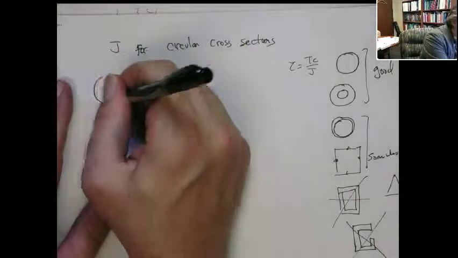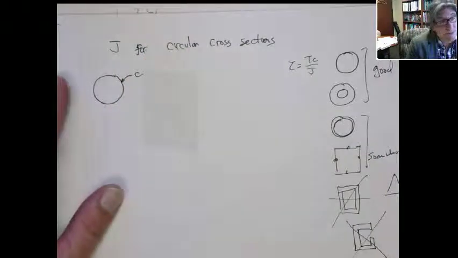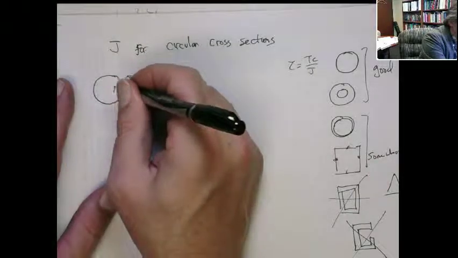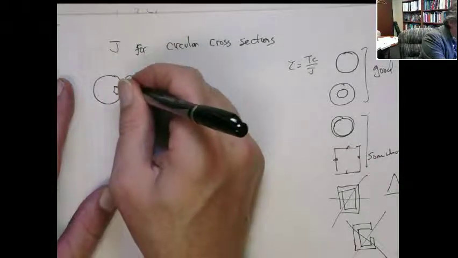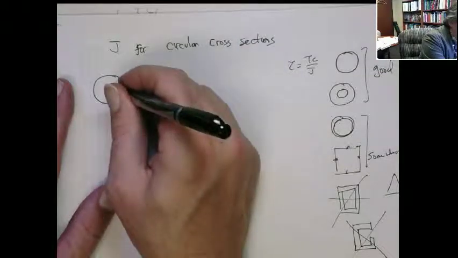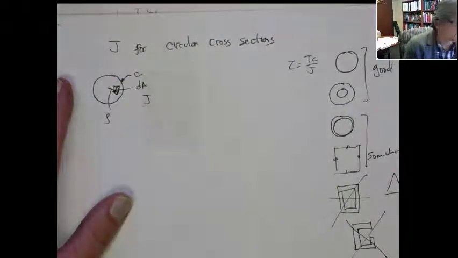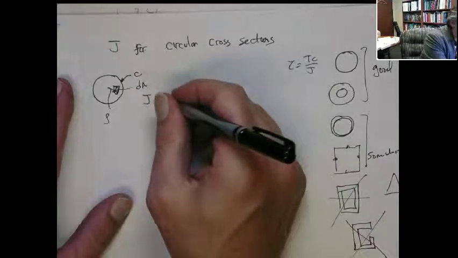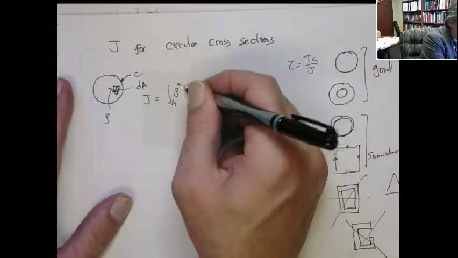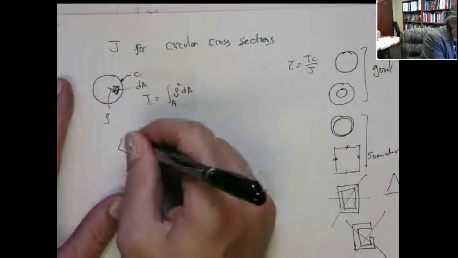So here's our solid circular cross section. It has an outer radius of c. This is supposed to be a differential area, dA, at some distance rho from the center. J is the integral over the area of rho squared dA. Let's blow up that dA.